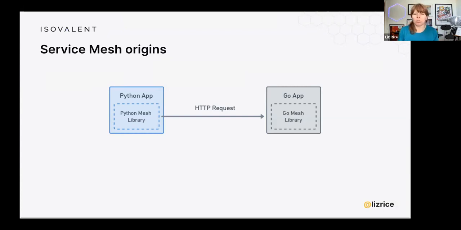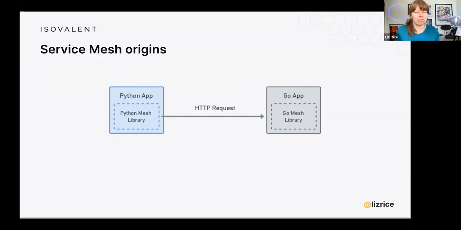And that code would be language specific. We'd probably use libraries, we might use Go libraries or Python libraries or Ruby libraries or whatever application language we're using to implement these features like mTLS and what have you.